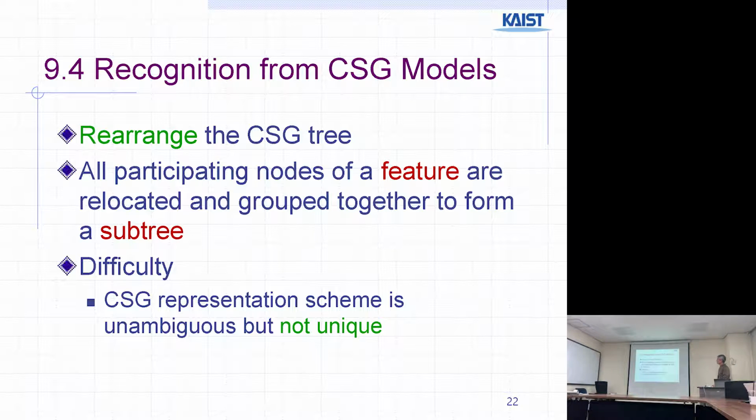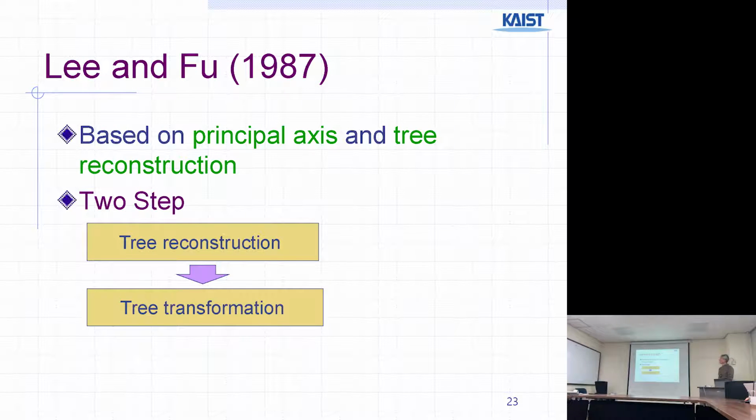They start from CSG and rearrange that tree to arrive at feature recognition. So nodes of the CSG tree have features, and they relocate, rearrange, and group them into subtrees. There is another way of recognition of features.